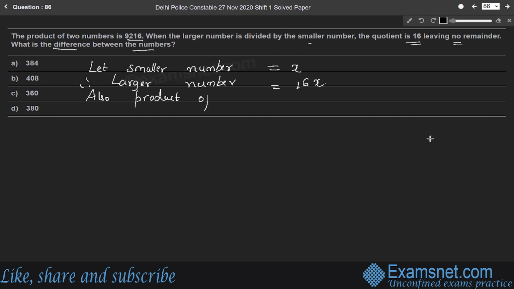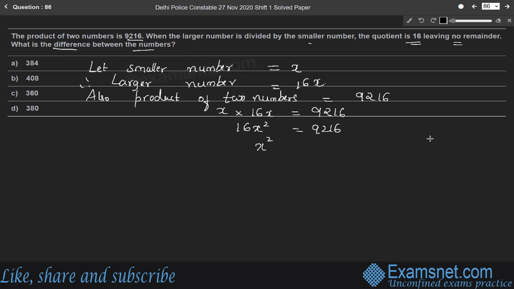So according to the question, the product of two numbers is equal to 9216, right? So let us write the product as x into 16x is equal to 9216. Simplify it. 16x square is equal to 9216.